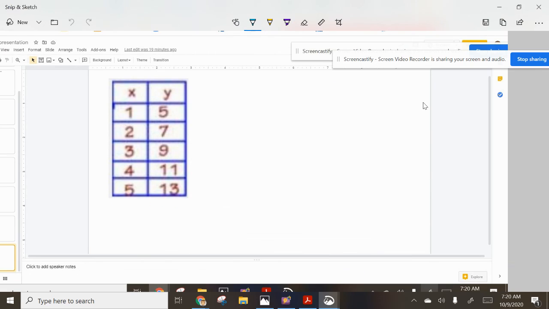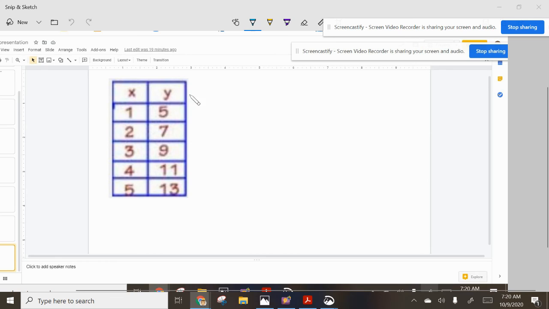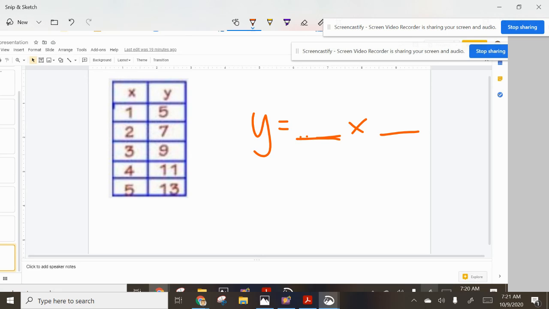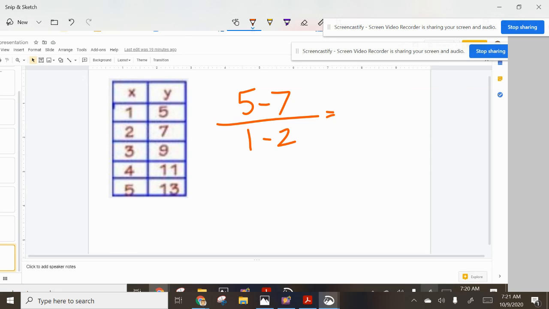All right, your last problem is right here. I want you to give me the entire equation. What is the entire equation? What's the whole thing going to be? Okay, you can do this. Let's go. You did it properly. Y minus y over x minus x.